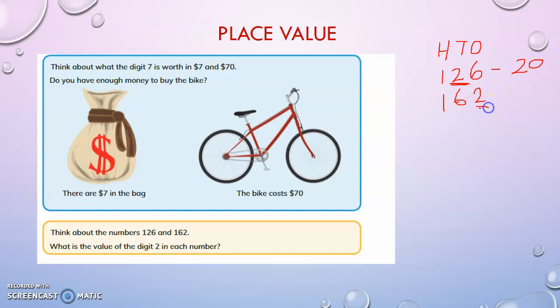Here the digit 2 is in ones place, its value is 2. So each digit multiplied by its place value will give the value of the digit. Here the 2 is in the tens place, so it is 2 tens, 20. Here the 2 is in the ones place, so it is 2 ones, 2.